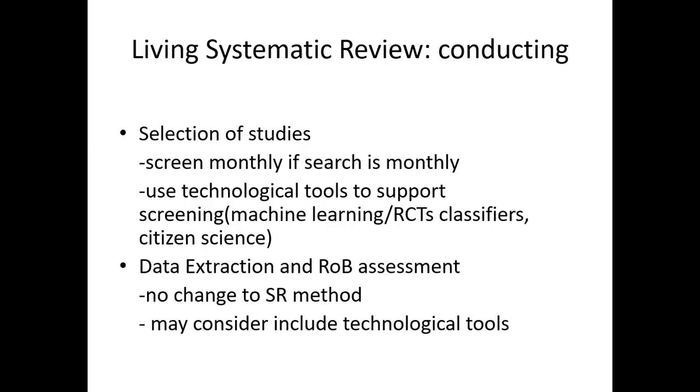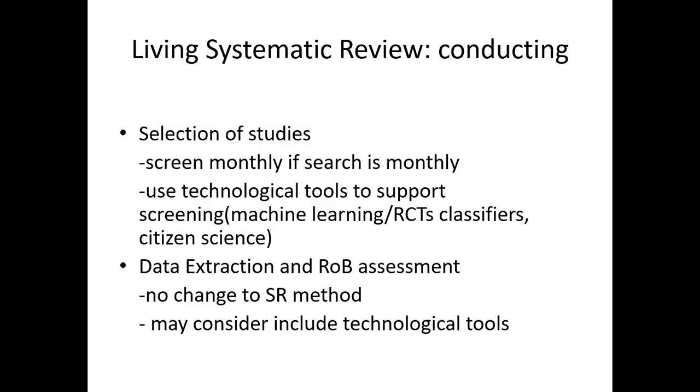Then you do the selection of studies. You have to screen monthly if the search is monthly. Use technology tools to support screening, like machine learning, data extraction, and risk of bias assessment. The way that you are doing it for a systematic review is the way it should be.